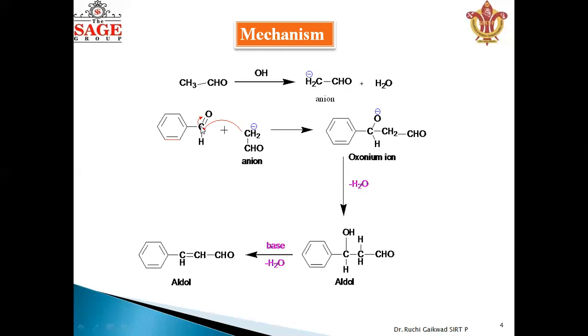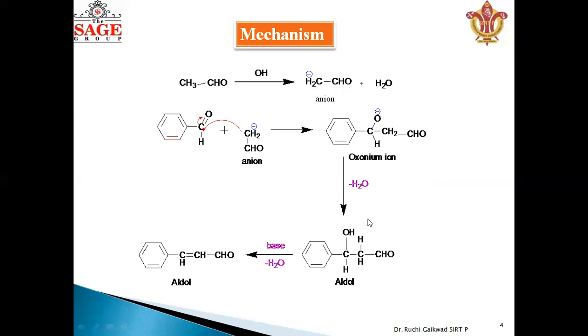The bonding electrons are taken up by the oxygen, so the oxygen gets the negative charge and the carbon gets the positive charge. The anion binds to the positive carbonyl carbon, which leads to this oxonium ion.